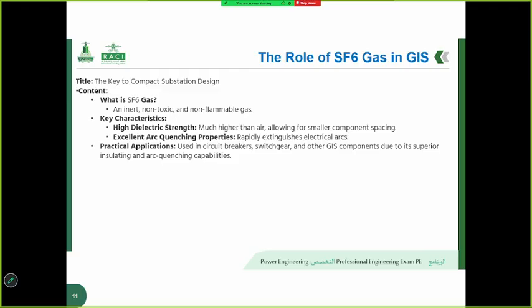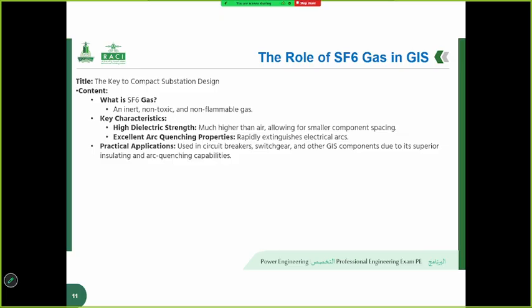Another key characteristic is excellent arc quenching properties. When a circuit breaker operates to interrupt a high voltage current, an electrical arc forms.